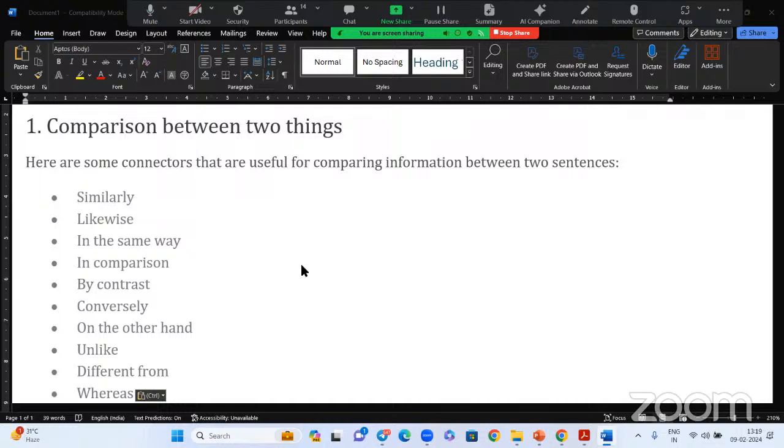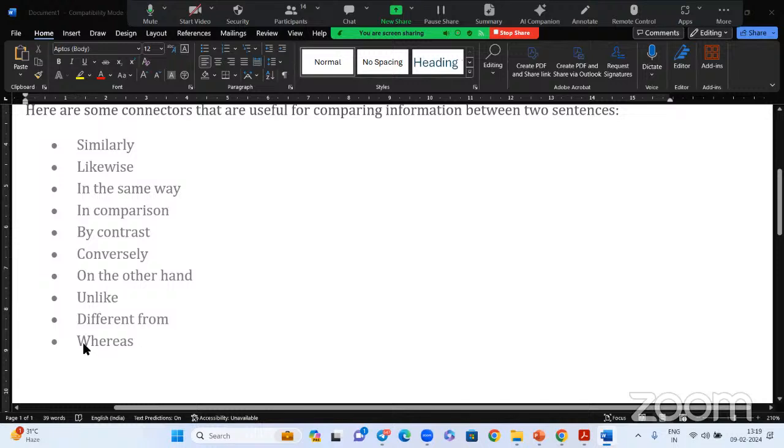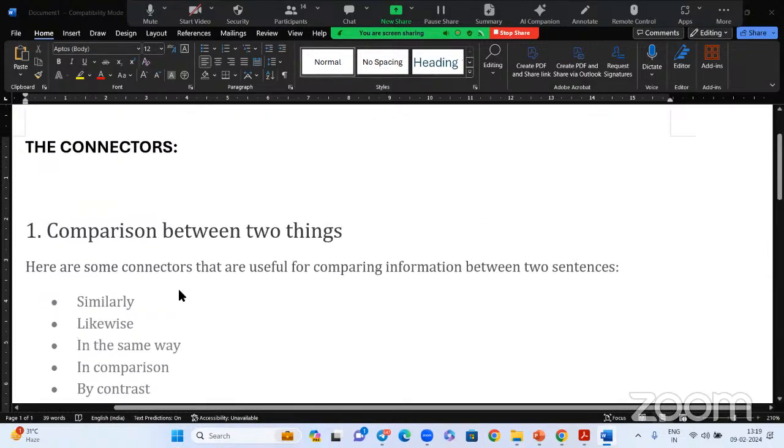Similarly, likewise, in the same way, in comparison, by contrast, conversely, on the other hand, unlike, different from, whereas. There is no problem with these words. This is the first type, comparison between two different things.